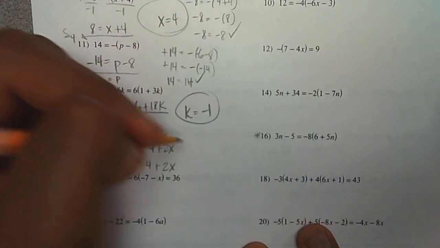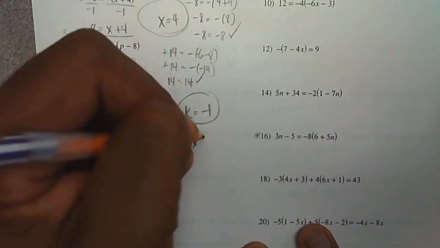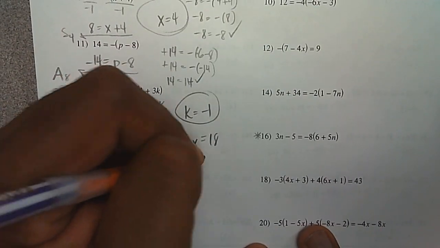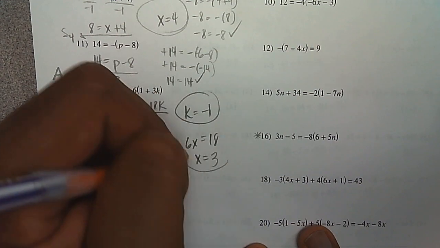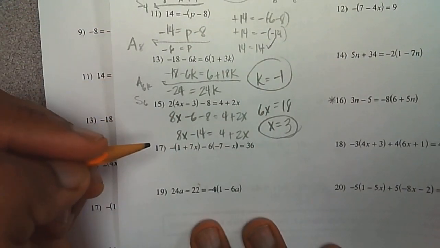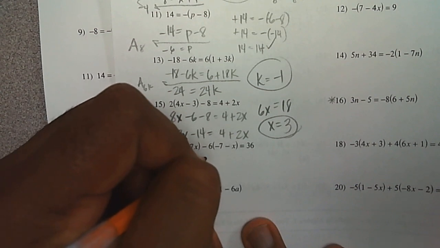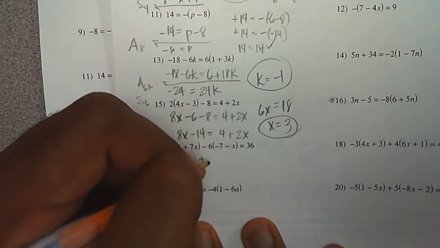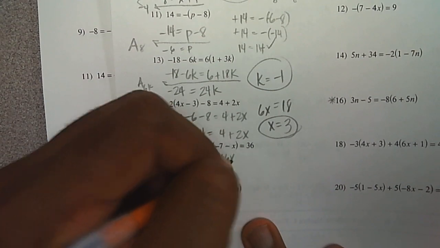Subtract 2x, it's going to be 6x. Add 14, it's going to be 18. Side by side is multiplication. Divide by 6. Negative times a negative is positive. Negative times a negative is positive.